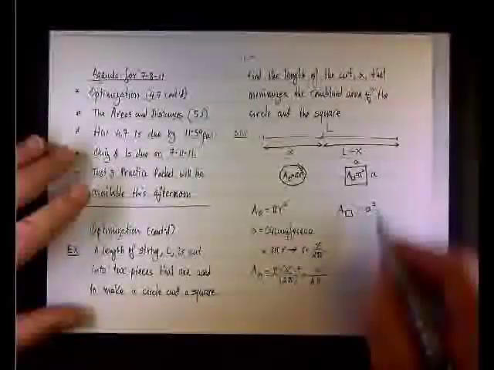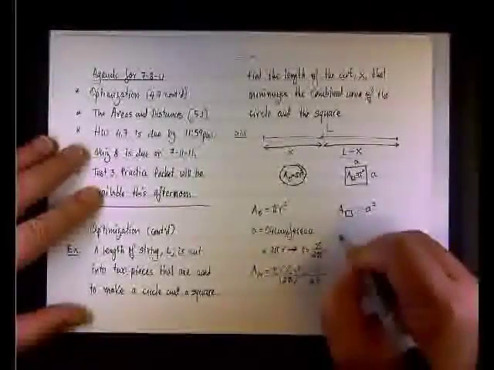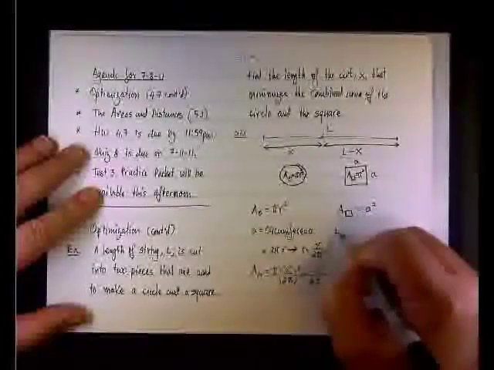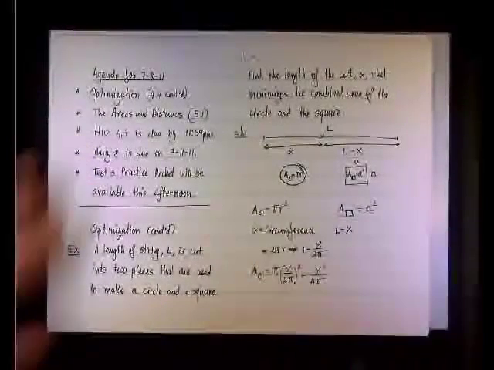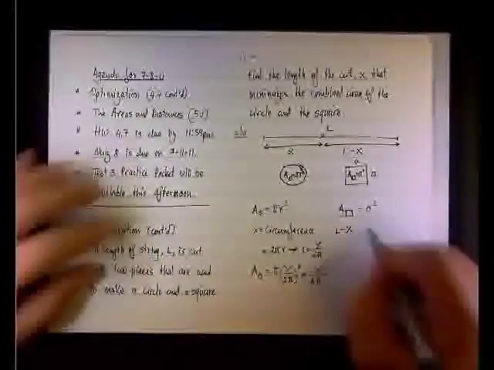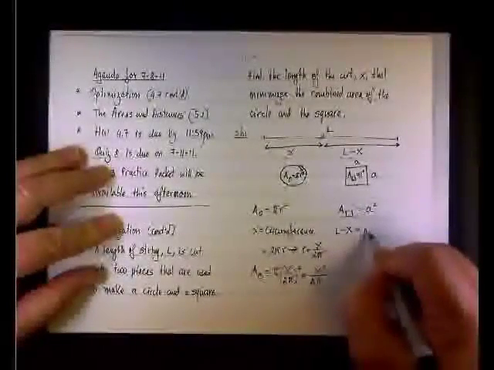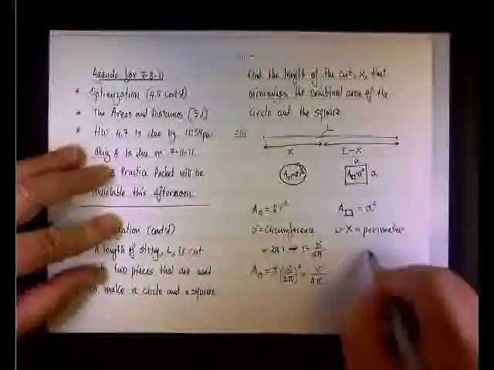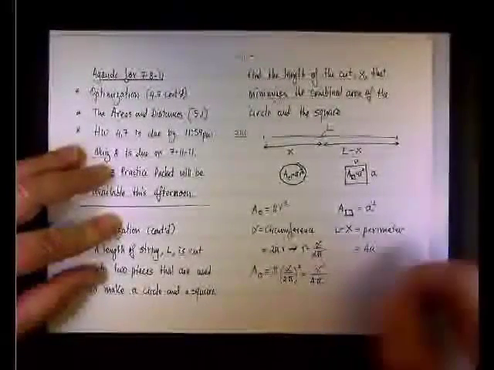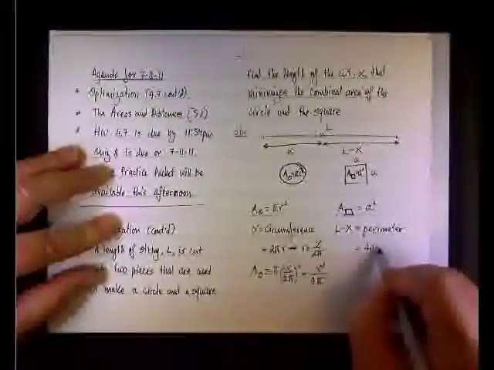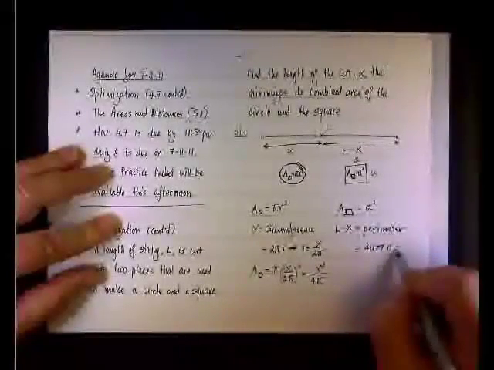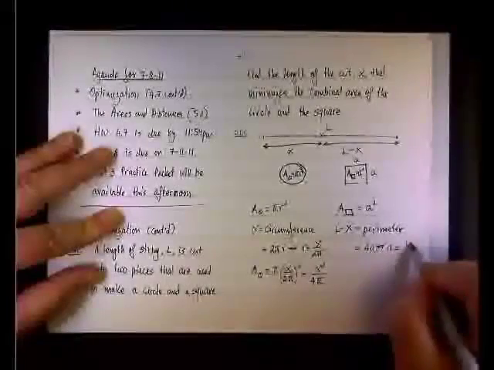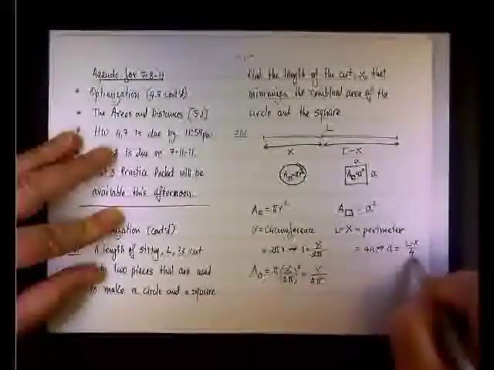Likewise, we're going to say that the perimeter, we use the length of the second piece, L minus x, to make the perimeter of the square. And the perimeter of the square is simply the 4 sides, 4a. So from these relations, we get that a, the side of the square, is L minus x divided by 4.